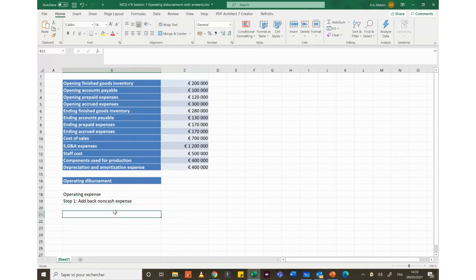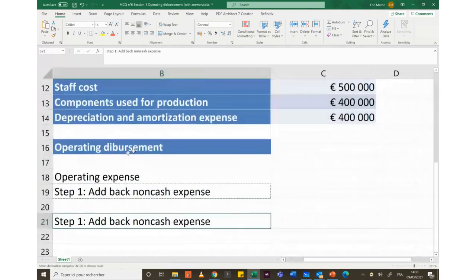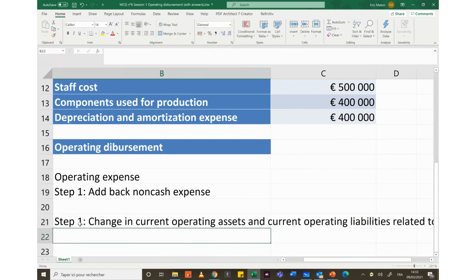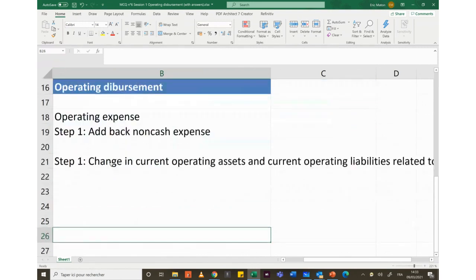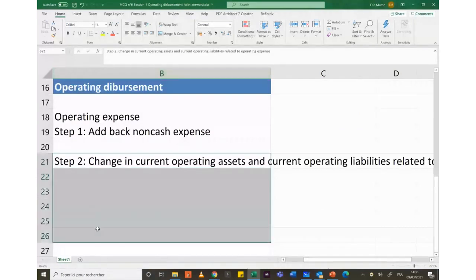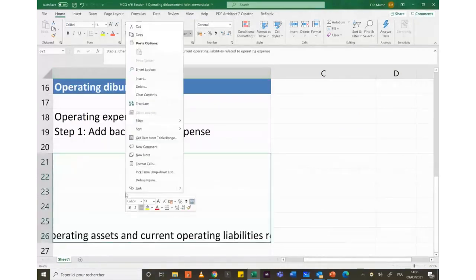In step number 2, we have the change in current operating assets and current operating liabilities related to operating expense. Here we want the cash outflow.